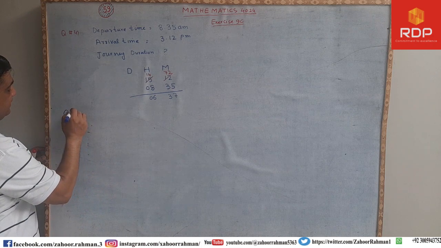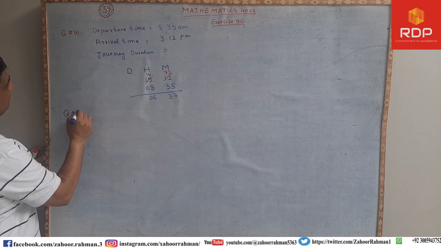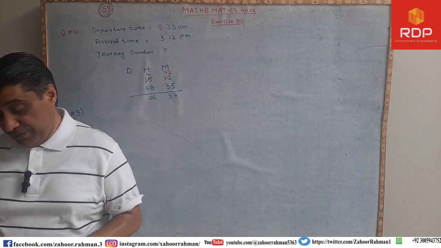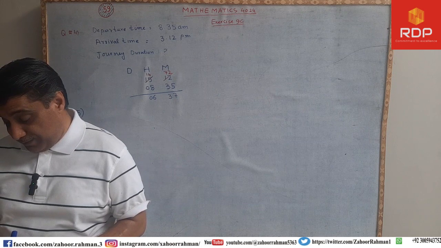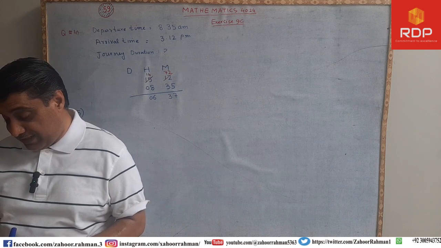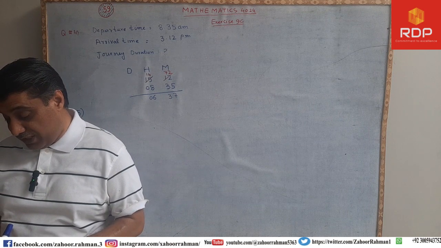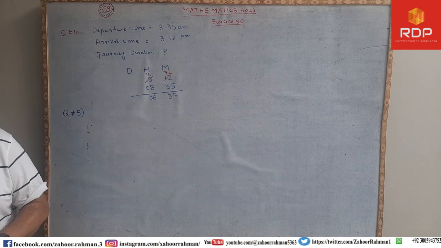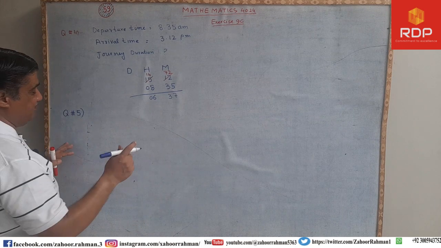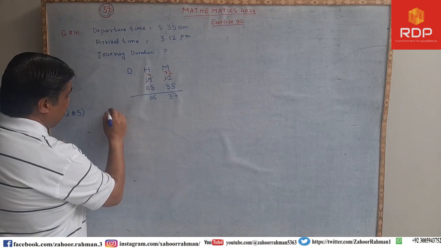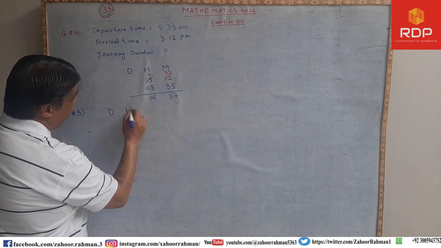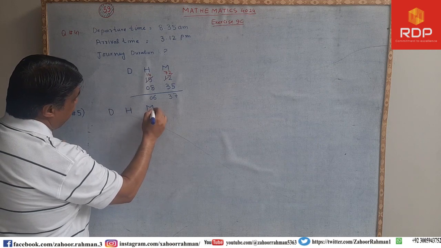Now quickly we are turning our focus to question number 5. Question number 5 is saying an overnight train left at 21:55 on a journey. Ladies and gentlemen, I am writing day, hour and minutes.